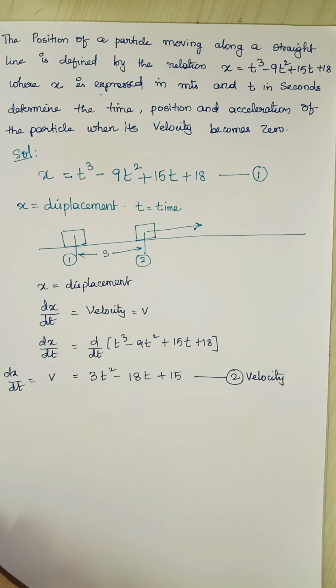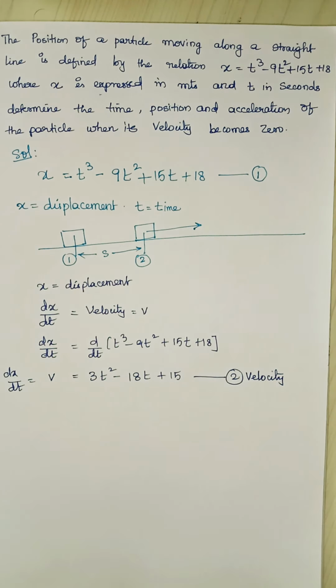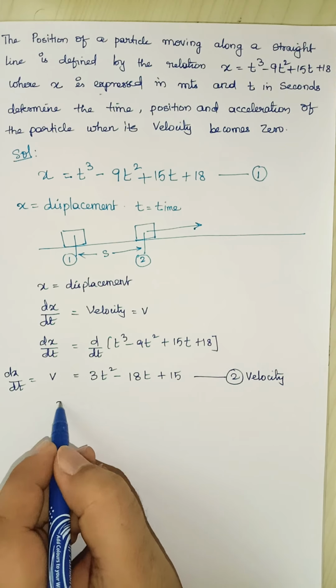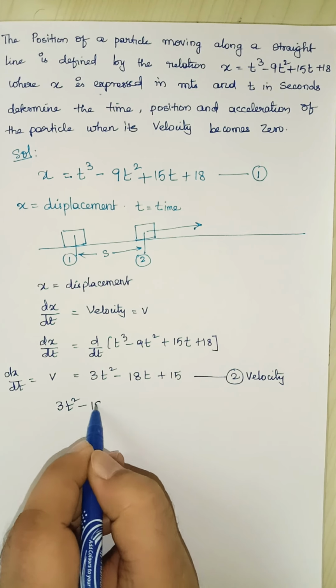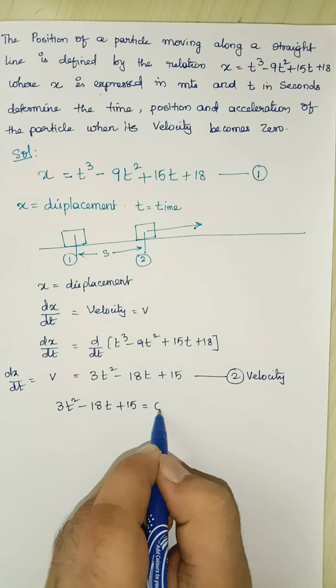Now in the question, we are asked to determine the position and acceleration of the particle when its velocity becomes zero. So velocity becomes zero. That means I'm equating this entire equation to zero: 3t square minus 18t plus 15 is equal to 0.